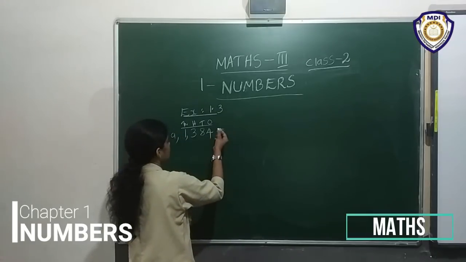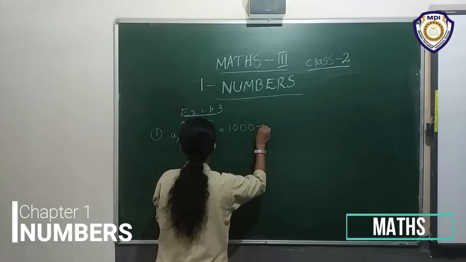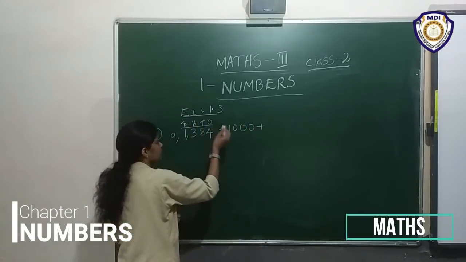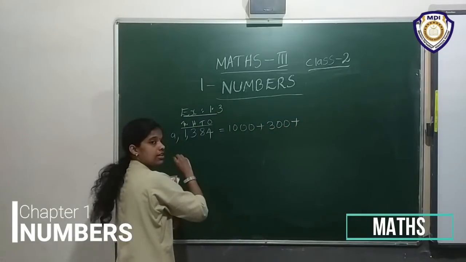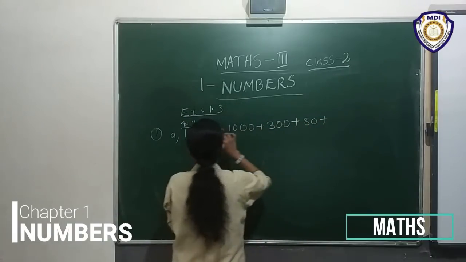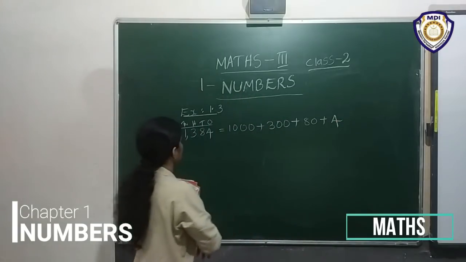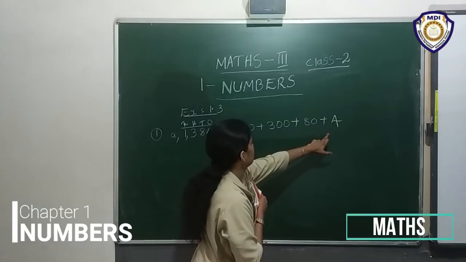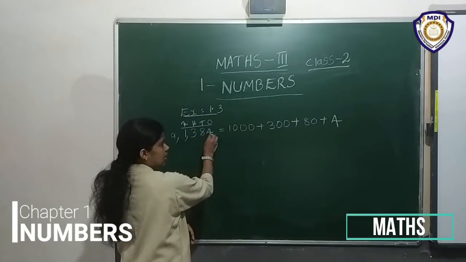How to write in expanded form? 1000 plus, 3 is in the hundreds place, 300 plus, 8 is in the tens place, 80 plus, 4 is in the ones place, 4. 1384. Okay.